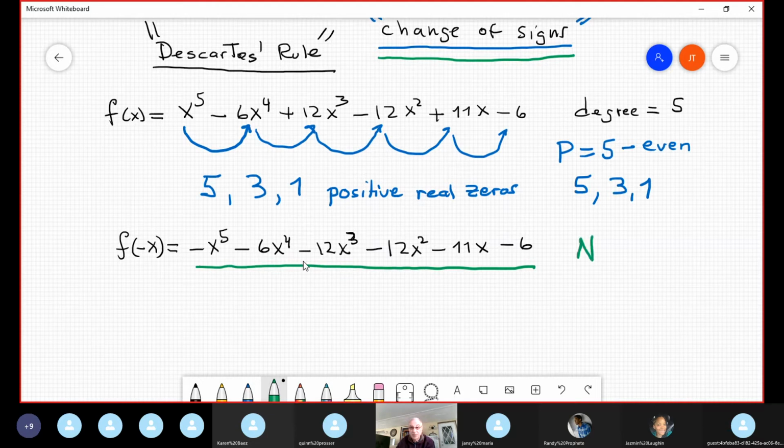Therefore, capital N, which represents the change of sign of the polynomial after the reflection, is 0. That means that we have 0 negative real zeros. So in conclusion, we discovered that we have 5, 3 or 1 positive real zero. We have nothing negative.